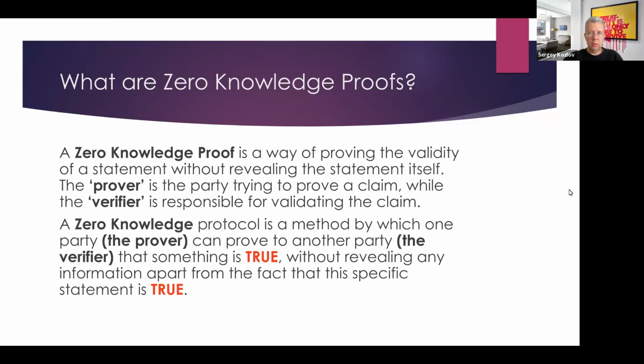So a zero-knowledge protocol is a method by which one party, the prover, can prove to another party, the verifier, that something is true or not true, without revealing any information apart from the fact that this specific statement is true. So strictly speaking, zero-knowledge proof doesn't mean that you will know nothing. It means that you will get an answer to a certain question in the format of yes or no, true or false. Let me give you an example.